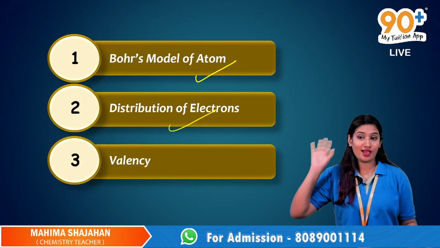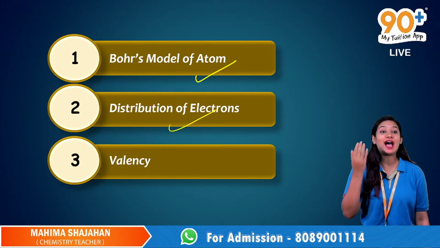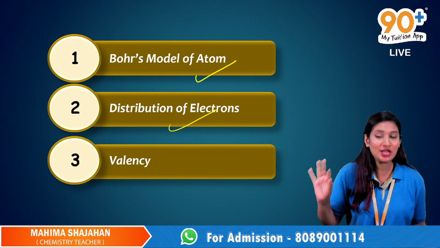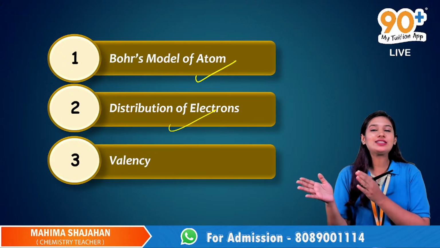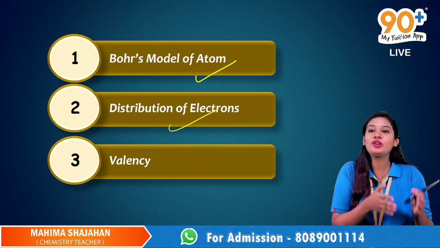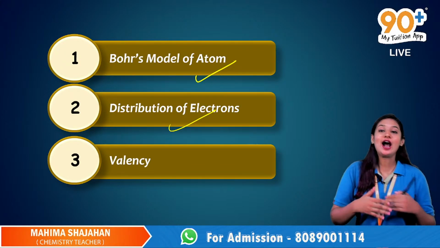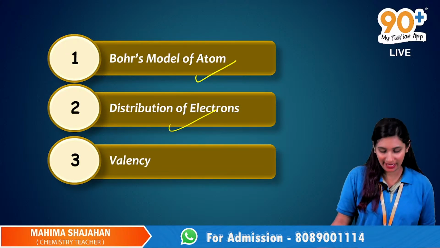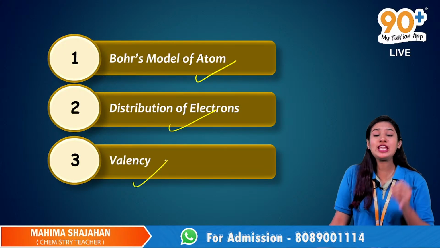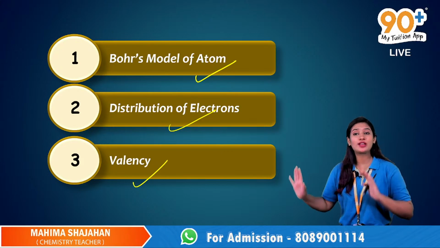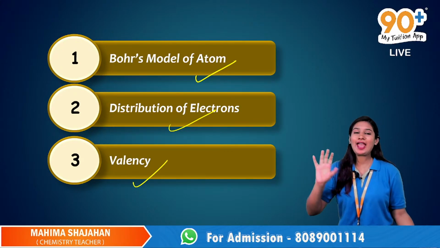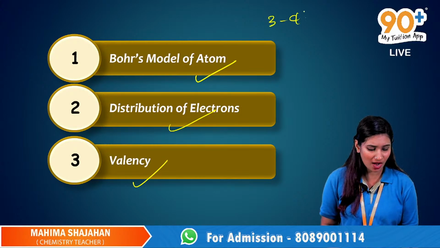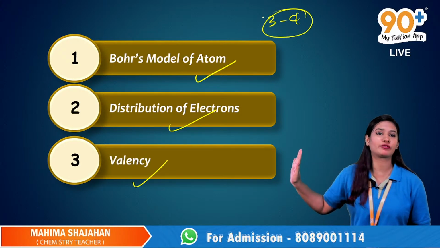Then our last topic will be valency. We already studied valency in our third chapter, but in this chapter, we'll study it in a bit more detail, and we'll study how to find the valency of certain atoms. So these are the 3 important topics that we are going to cover in this session, and you can expect around 3 to 4 marks from this area.